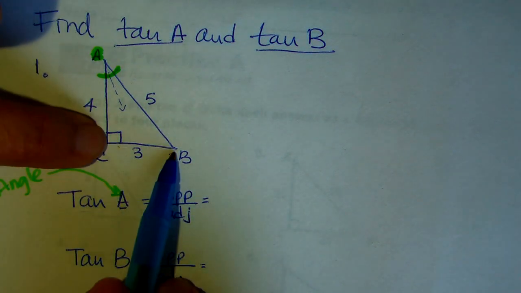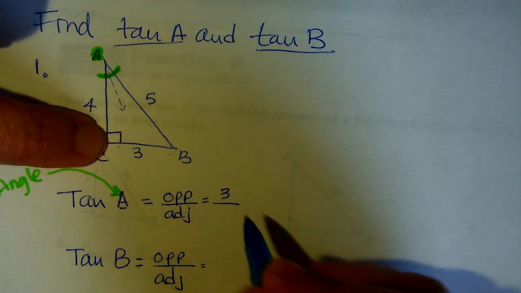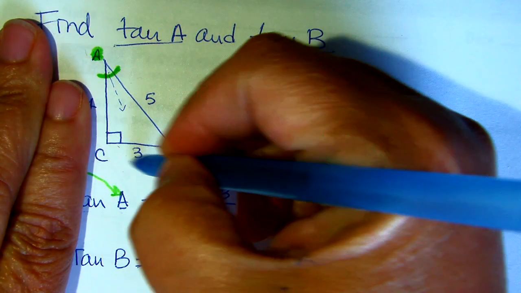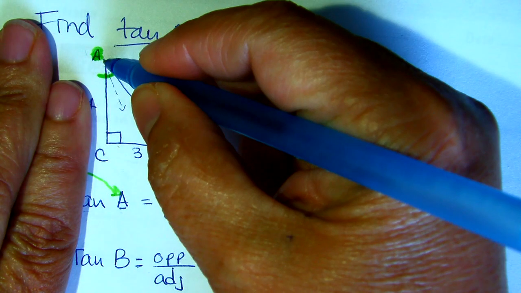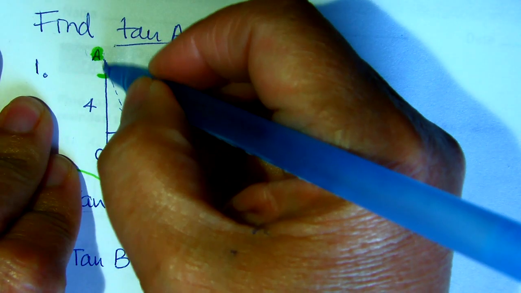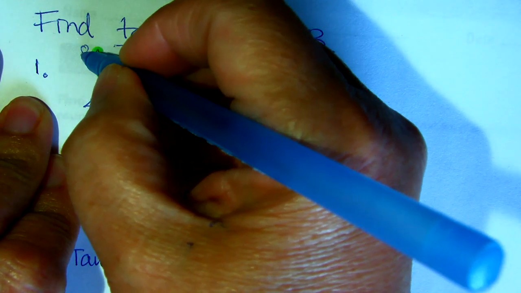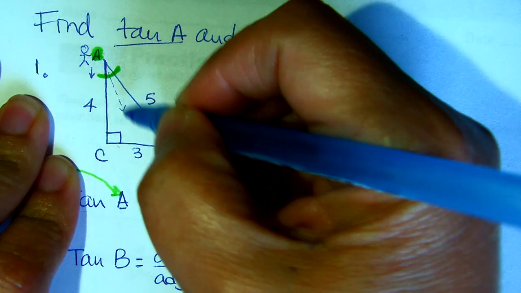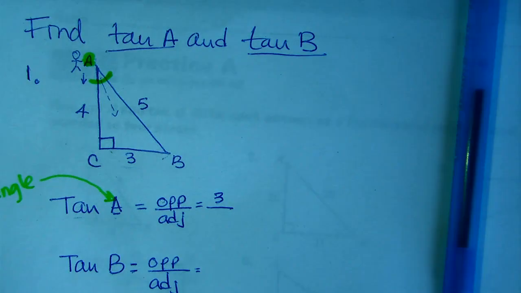And what is the measure of CB? 3. You see this? This side is opposite to angle A. And which is adjacent? Right next to angle A. If you're standing right here, who is right next to you? This side right here. You see it?